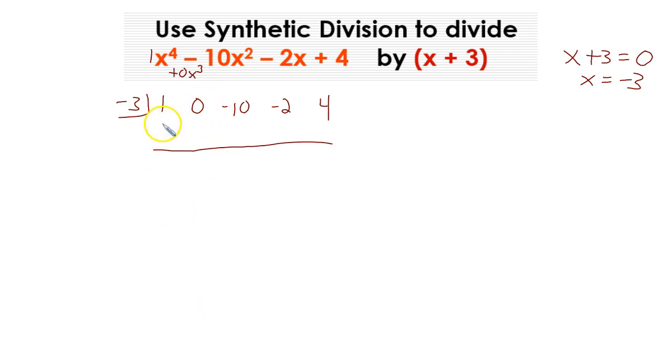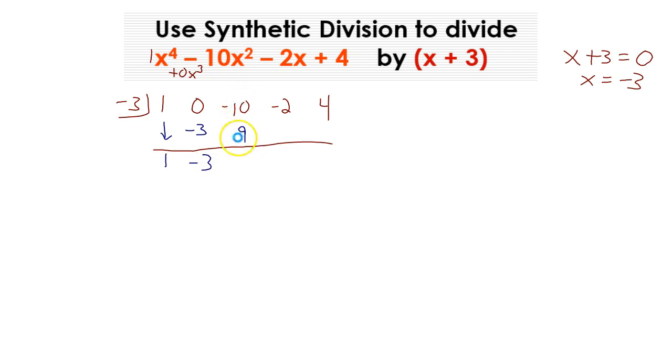Now, the steps: we carry down the first one. We carry down this guy here, and then we multiply. Negative 3 times 1 goes here. Then we add down. 0 plus negative 3 is negative 3. Then we multiply again. Negative 3 times negative 3 is positive 9.